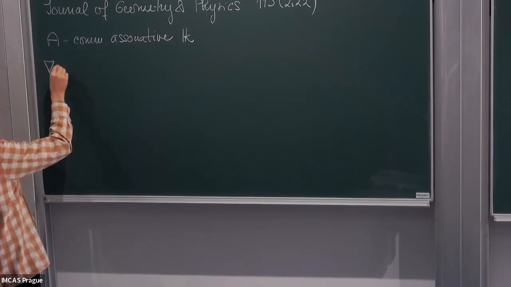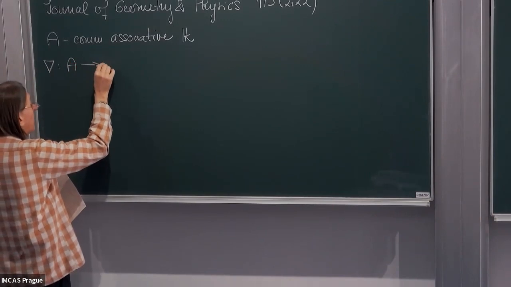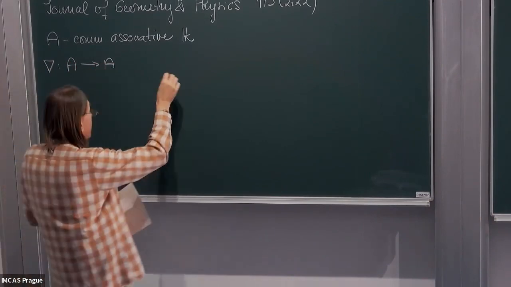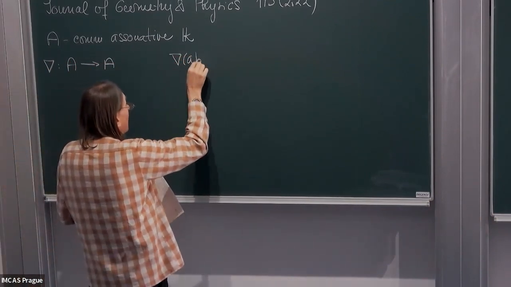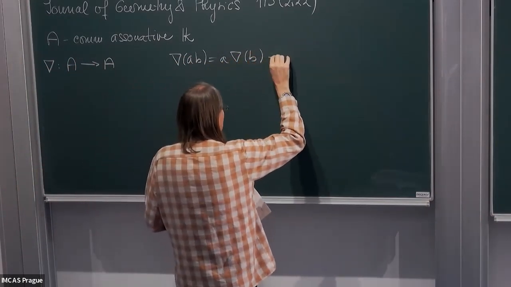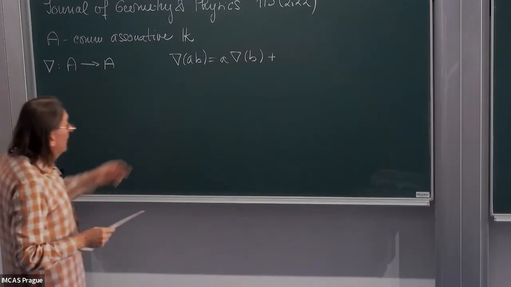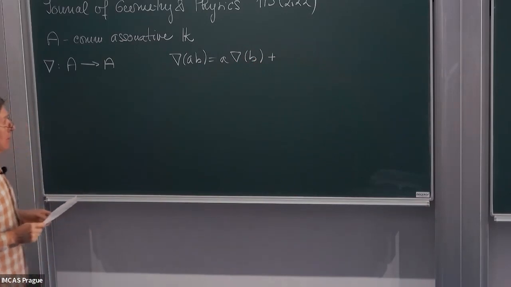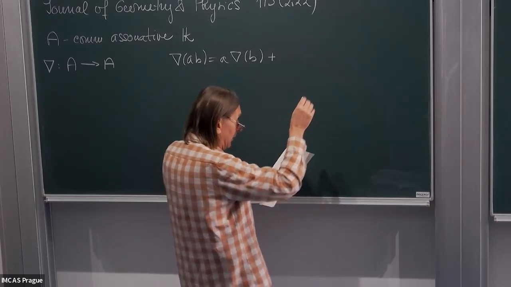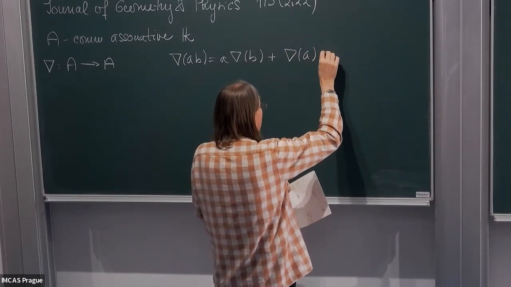So delta or nabla is a derivation if the following is true. This is very classical. There are some signs because I assume anything may be graded. Also, nabla needn't be of degree 0, but I'm going to ignore signs if not really necessary. So if this condition is satisfied, all right?